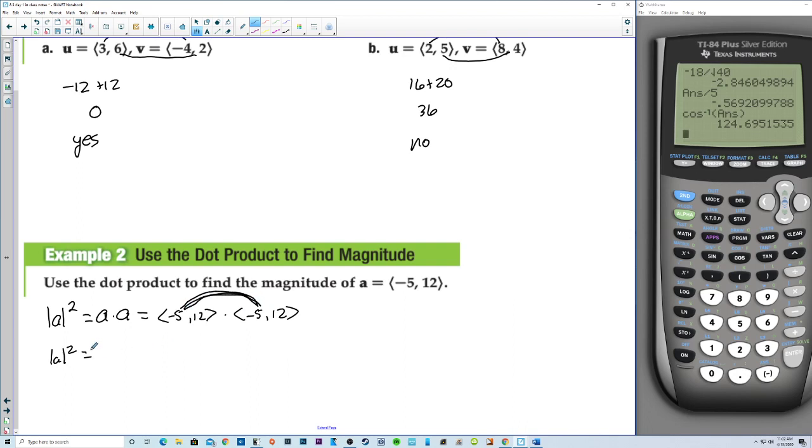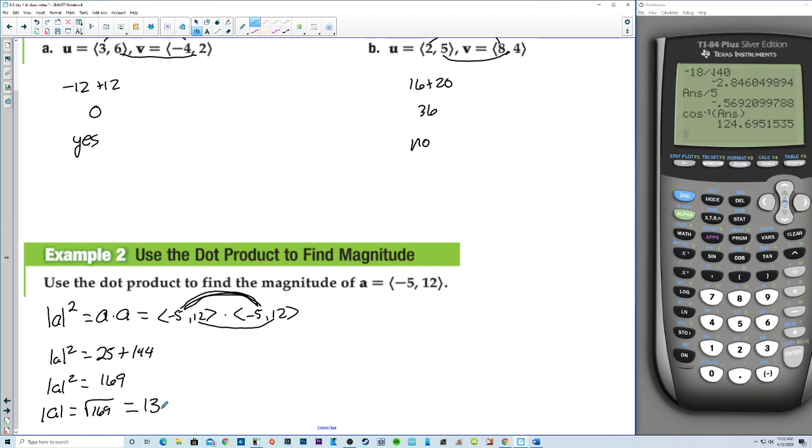We're squaring negative 5, so that's going to be 25, plus we're squaring 12, 144. So the magnitude squared is equal to 169, and then we square root both sides. So the magnitude is the square root of 169, and that is 13.